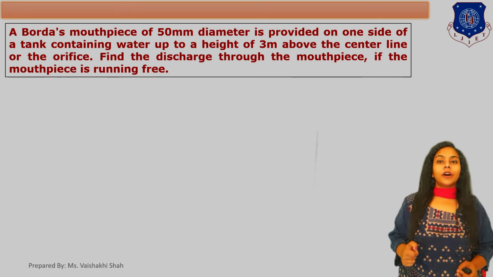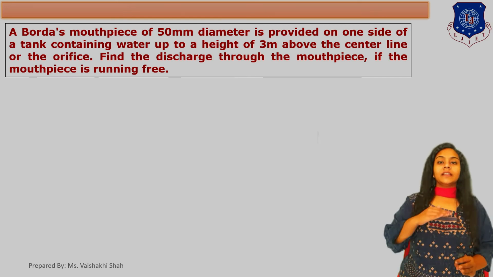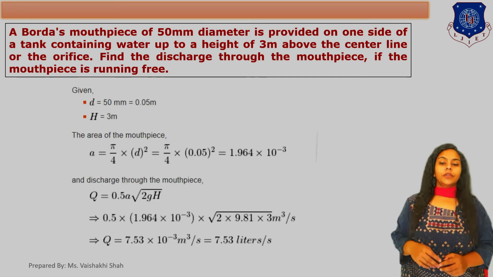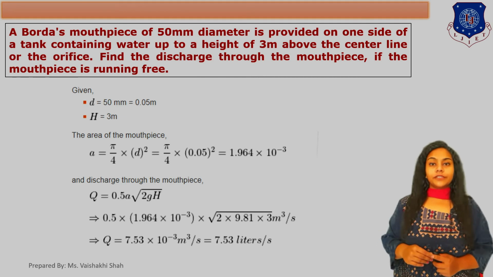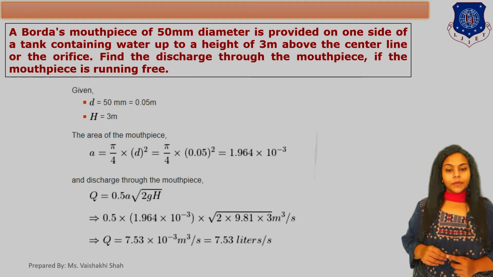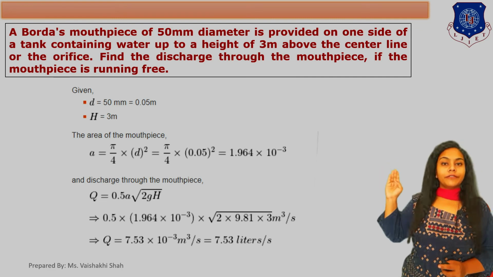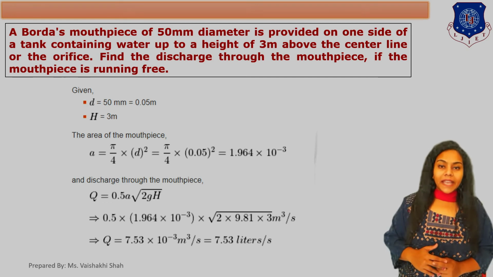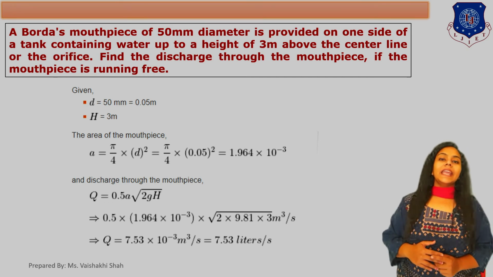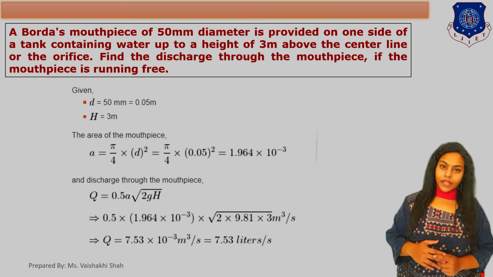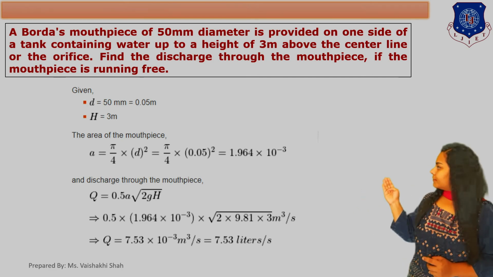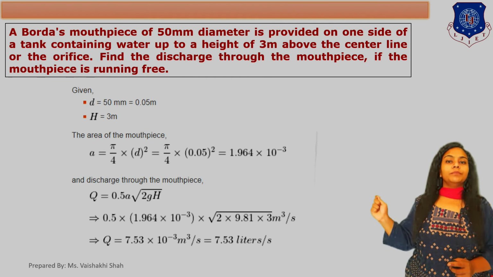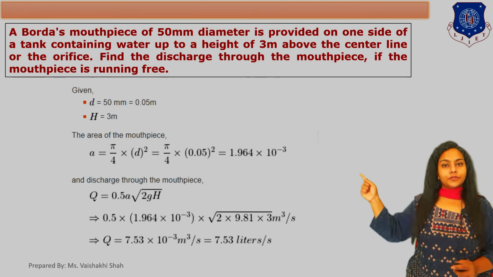The diameter of mouthpiece is 50 mm and the height of liquid from center of orifice is 3 meter. So D equals 50 mm, that is 0.05 meter, and H equals 3 meter. You can simply find out area by using equation A equals pi by 4 D square. Here D is 0.05, so pi by 4 into 0.05 square, which is 1.964 into 10 raised to minus 3.